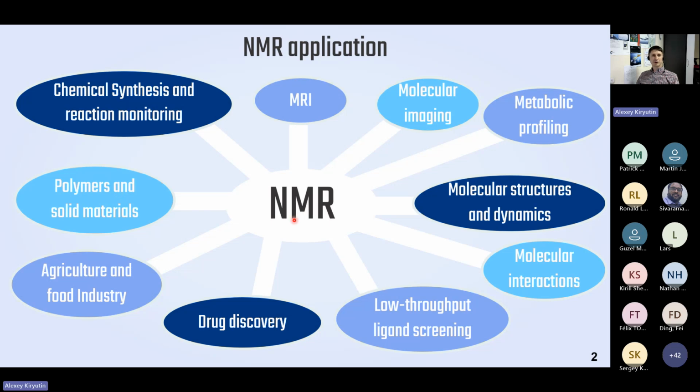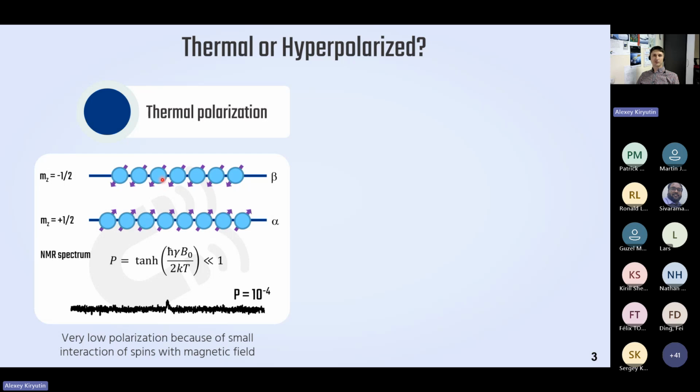While this seminar is about NMR and its modern uses, it is worth noting how versatile the method is, from chemistry and pharmaceuticals to food science and MRI. Still, NMR has one major drawback: low sensitivity. The low sensitivity of NMR stems from the extremely weak interaction of nuclear spins with the external magnetic field.